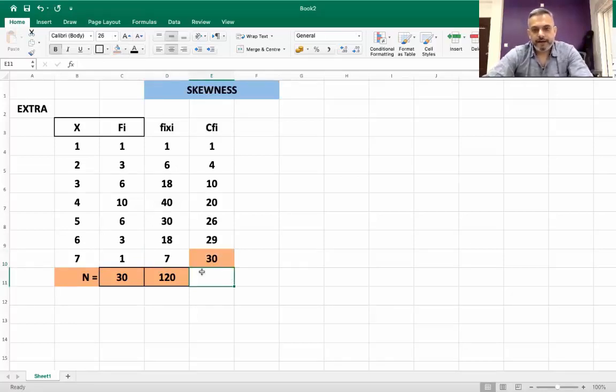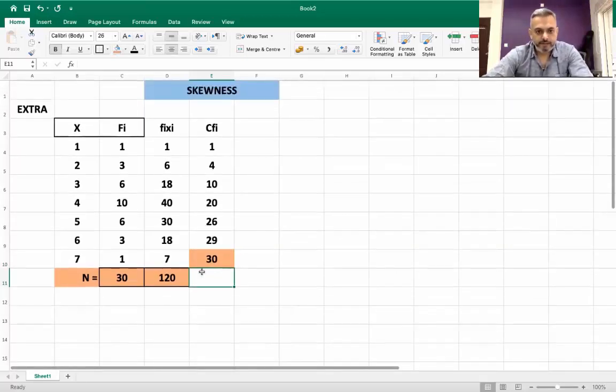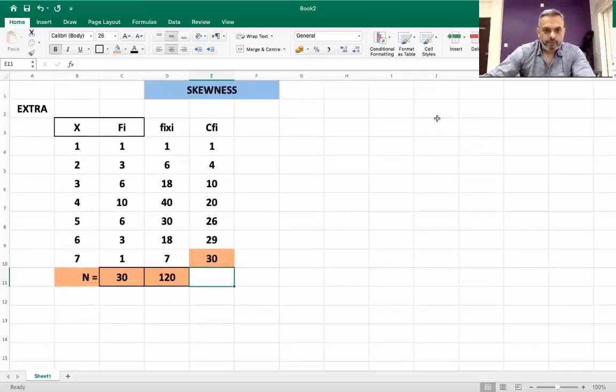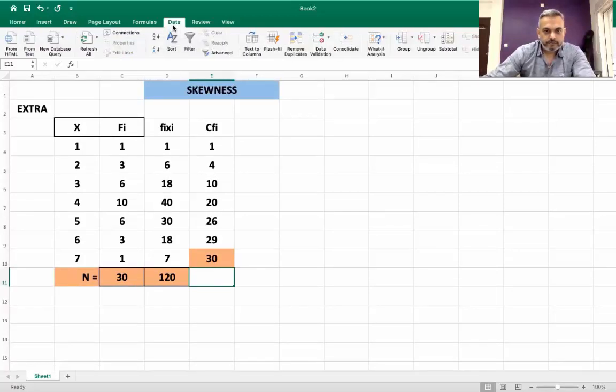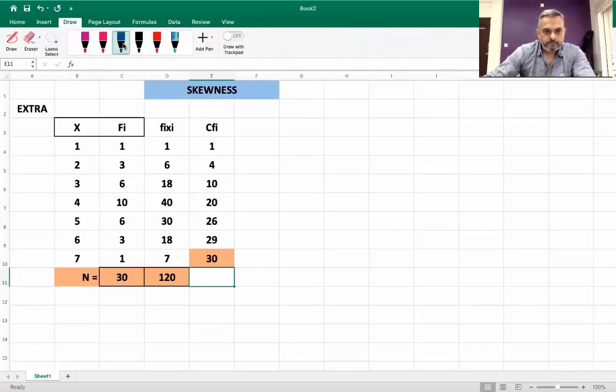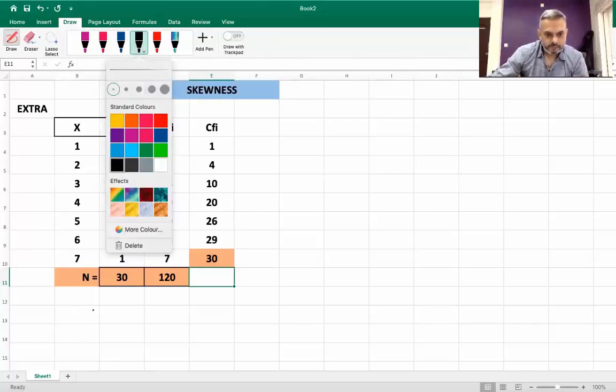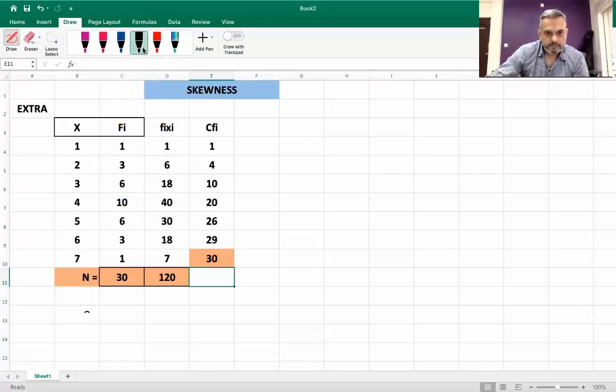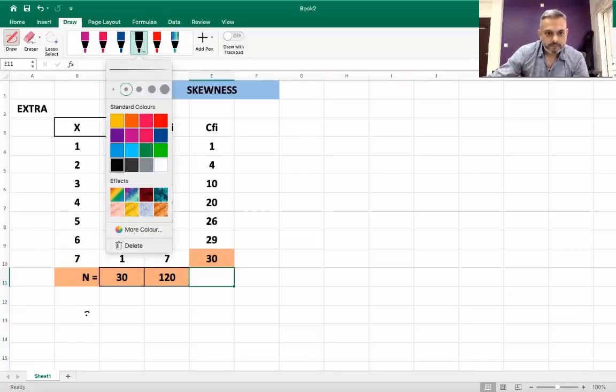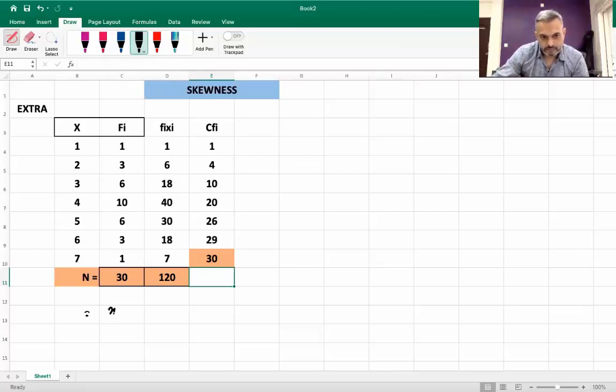Now, let's find out mean, median and mode for this. Mean is equal to sigma Fi Xi upon n, which is 120 upon 30, which is equal to 4.